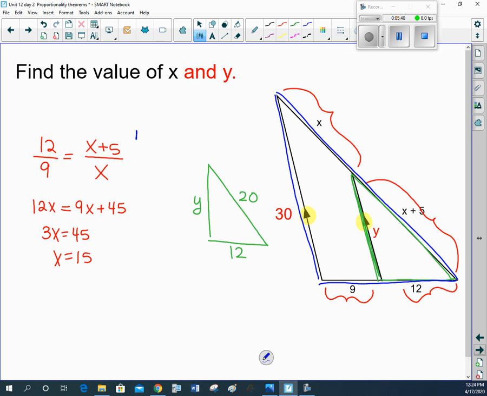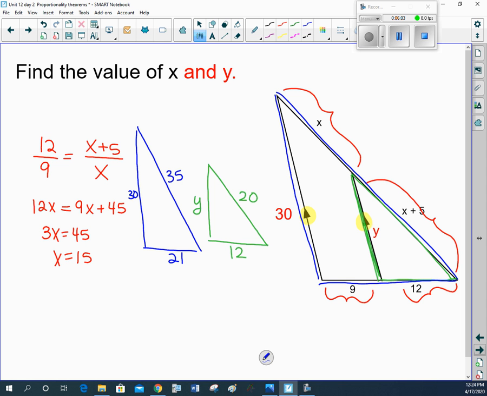So big blue triangle is going to be this side right here is 30, and then remember, x is 15, so this is 20 plus 15. So this whole side right here is 35. And then the bottom is 9 plus 12, which is 21.